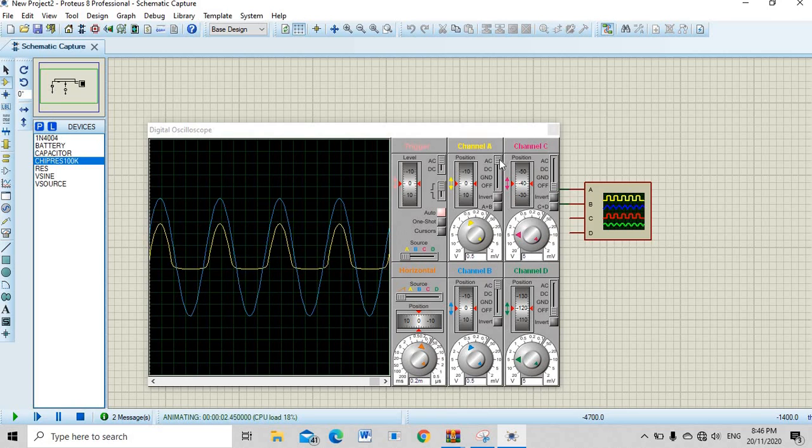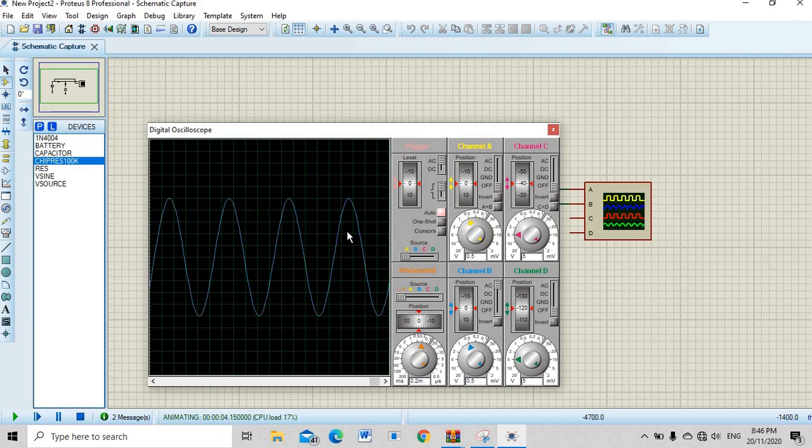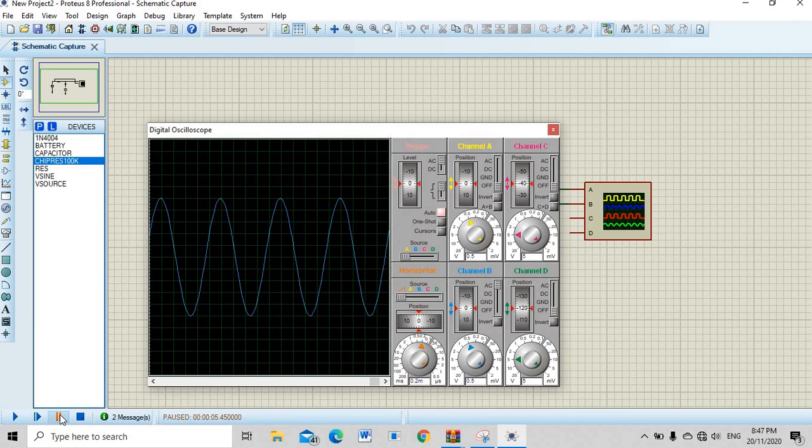First we see the input. The amplitude is 2.5, as I said, at 0.5 per block, per this box: 1, 2, 3, 4, 5 divided by 0.5 is 2.5.